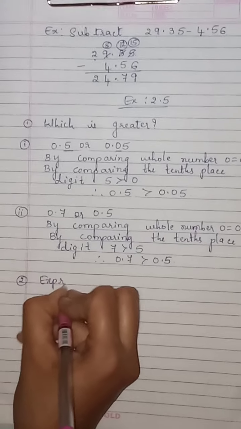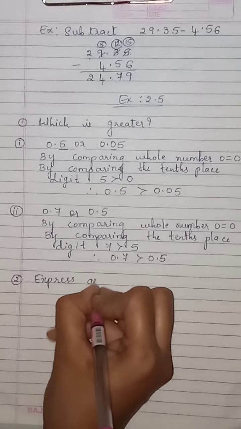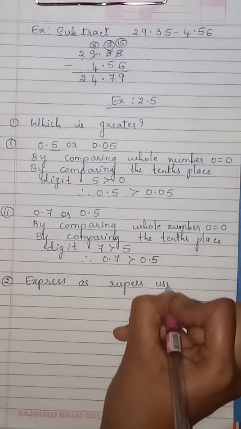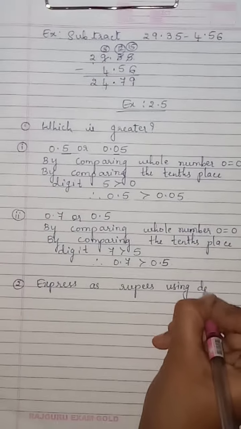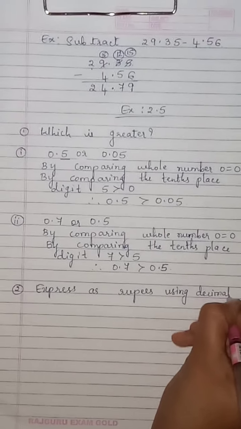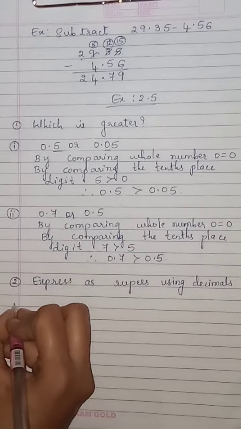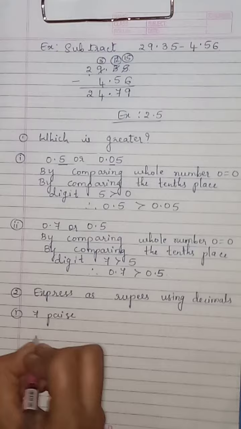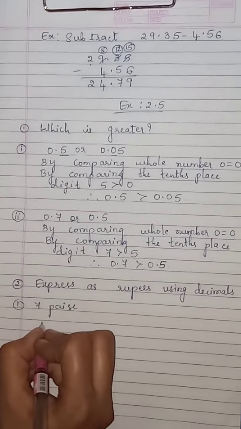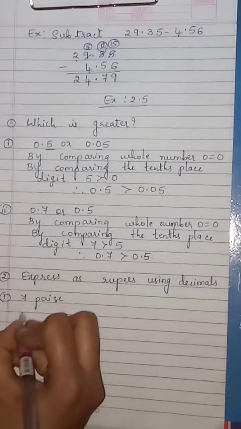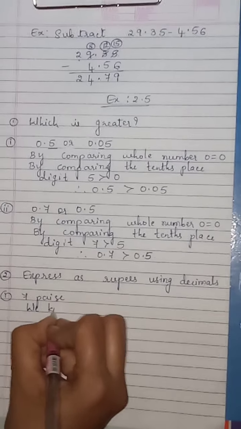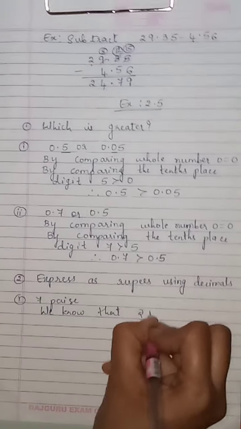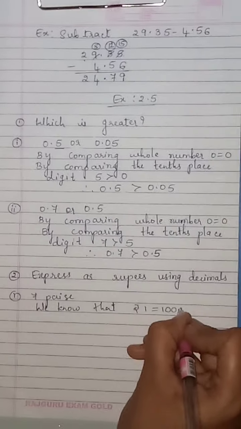Express as rupees using decimals. First one, 7 paise. You have to express this in rupees. See children, we know that rupees 1 equals 100 paise.